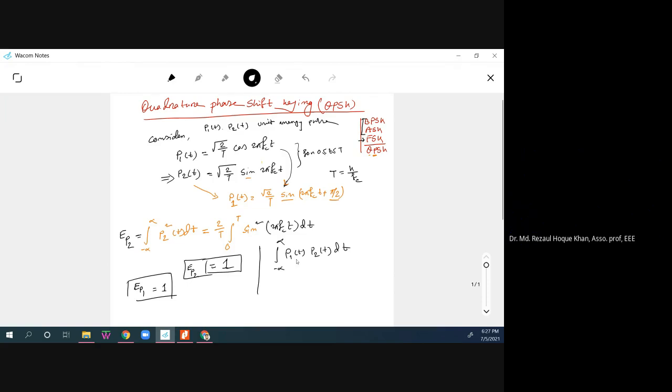If you solve it, putting in the values of P1 and P2, the inner product will eventually be 0, which shows that they are orthogonal. We have seen this phenomenon in the previous case. We also call them orthonormal, because they are orthogonal and normalized to unit energy.